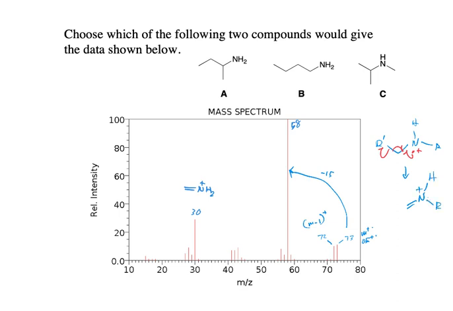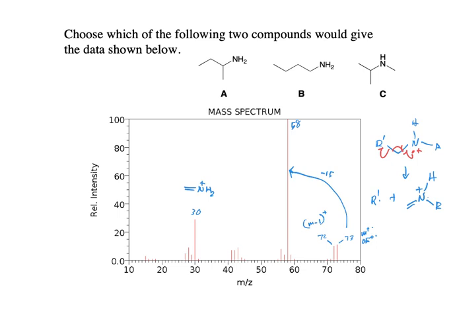And we get an ion like this, plus the radical. So we're losing 1 and we're losing 15.